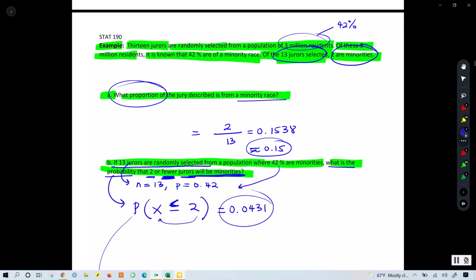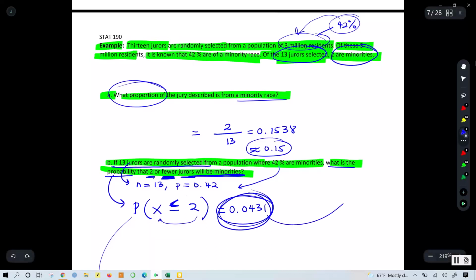So, given that the composition of the population from which we chose the sample says that you have 42% out of 3 million are minorities, we compared this population proportion of minorities to the jury, which does not seem to come close to this.